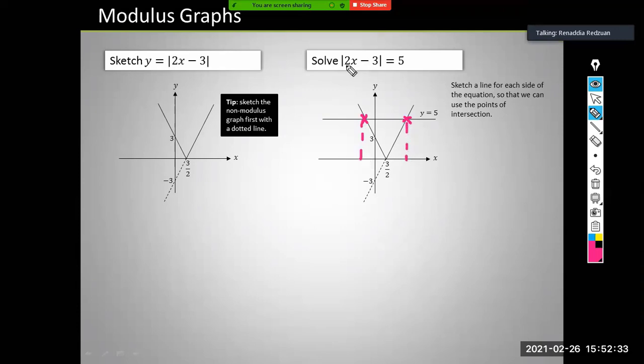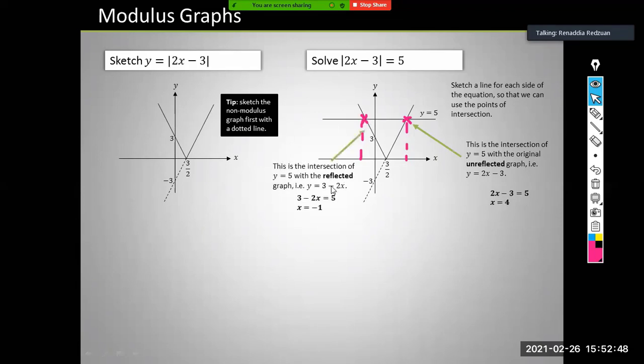The first value is the intersection of the line 2x minus 3 with 5. Solve for x, you get x equal to 4. This other part is the intersection of 5 with 3 minus 2x. Solve for x, you get negative 1. So with two intersections, your final value of x will be 2 different values.